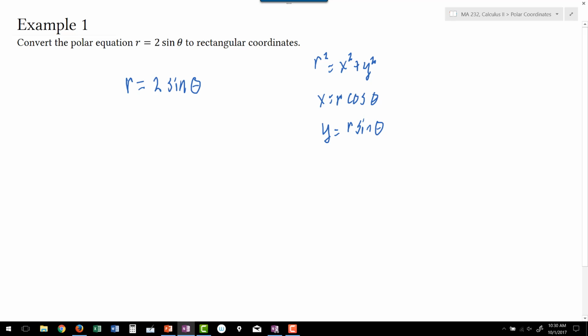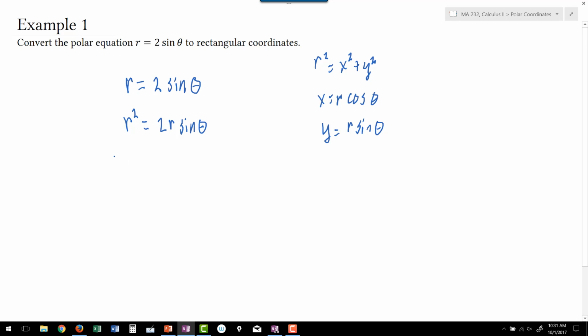Now it would be nice on the right hand side if that 2 sine theta had an r in it, because then I could substitute a y in. And the fact that it doesn't have an r in it means I need to arrange for one. So I'm going to multiply on both sides of my equation by r.